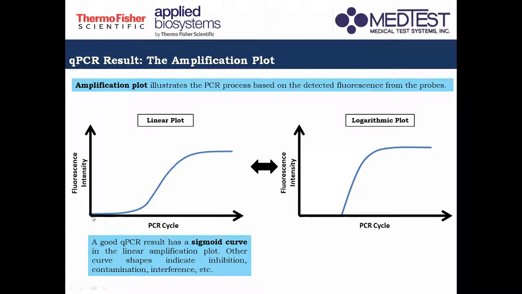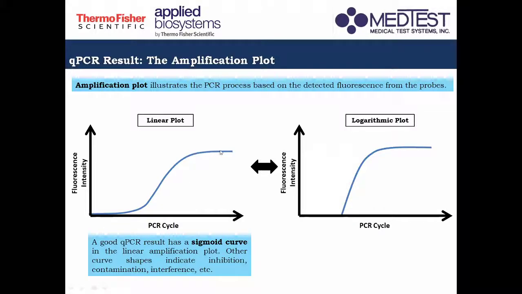So gaya ng sinabi ko, the horizontal line would represent the number of cycles that is done in your PCR process, and then the vertical line would represent how much fluorescence was detected by your instrument. Now, a good PCR result or a good qPCR result should have a sigmoid curve in the linear amplification plot.